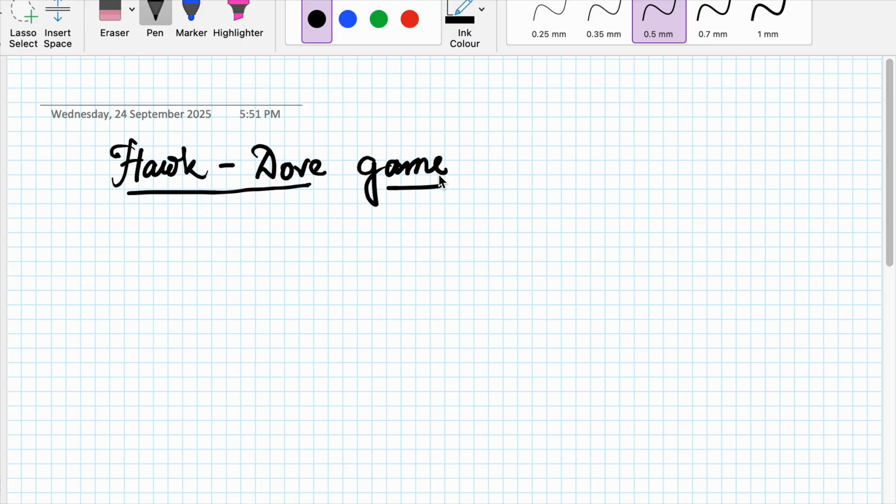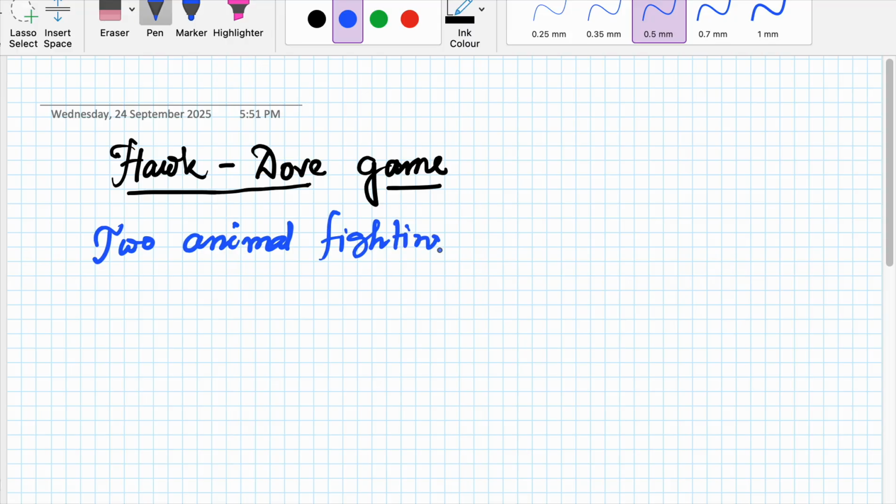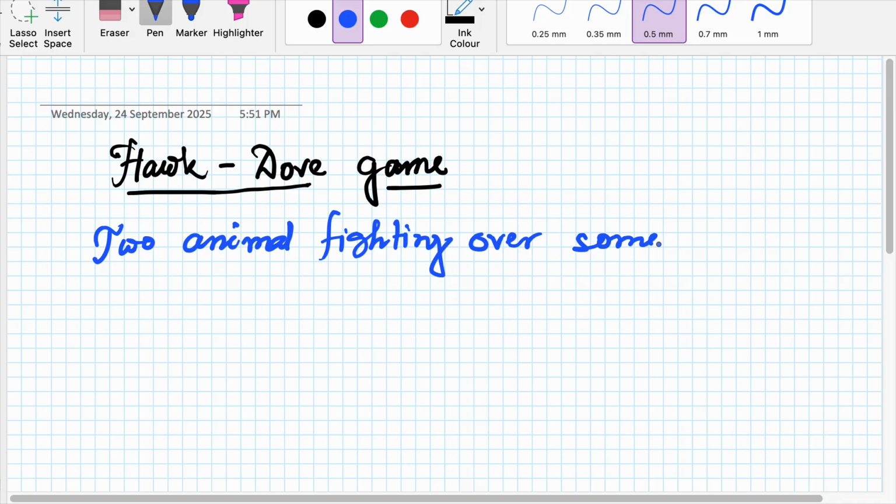Suppose two animals are fighting over some prey.